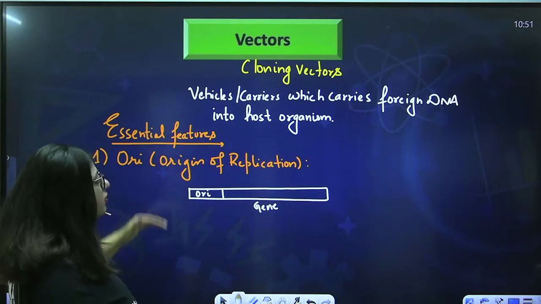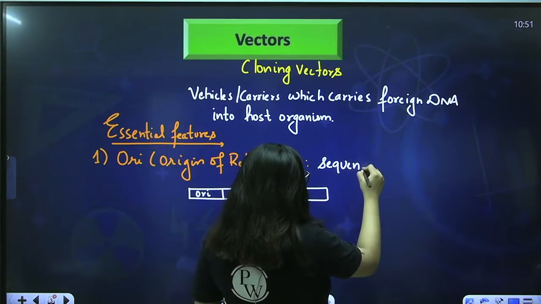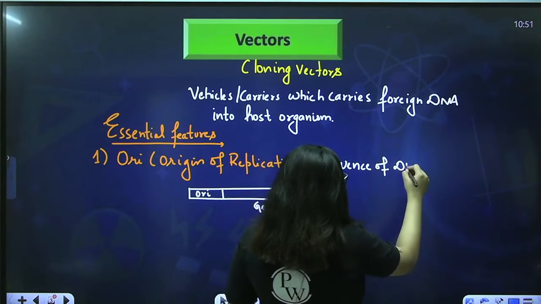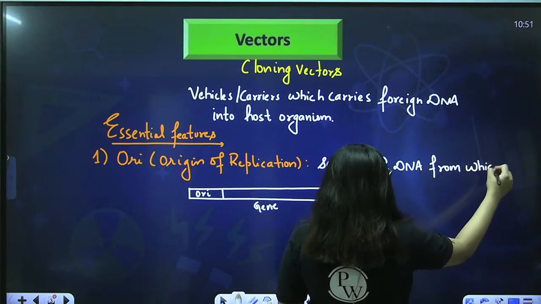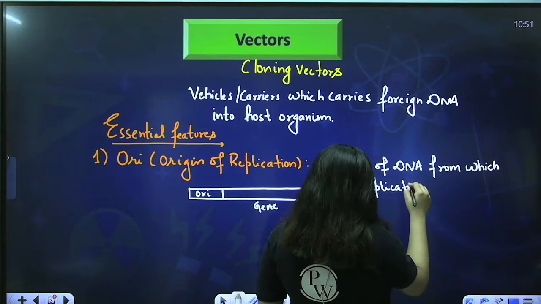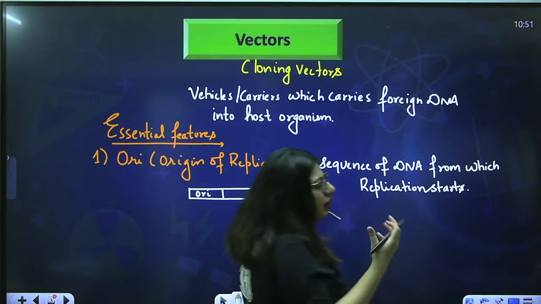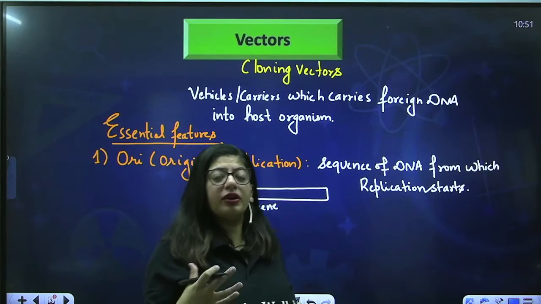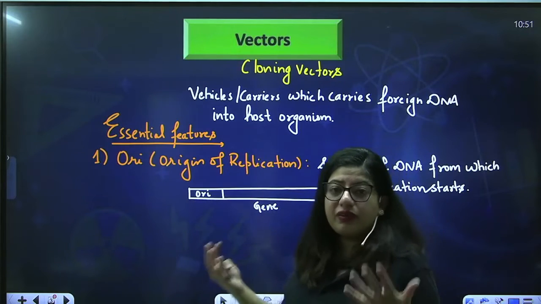So what is origin of replication? These are sequences of DNA from which replication starts. And in gene cloning, this is the only thing we are doing, making copies, doing replication. If you don't have origin of replication, then replication will never occur.